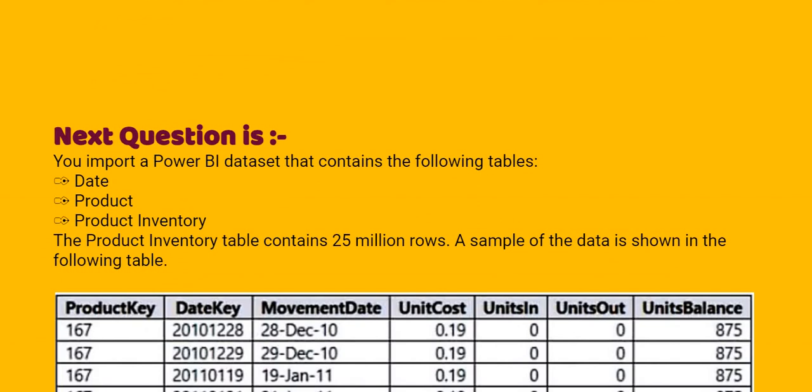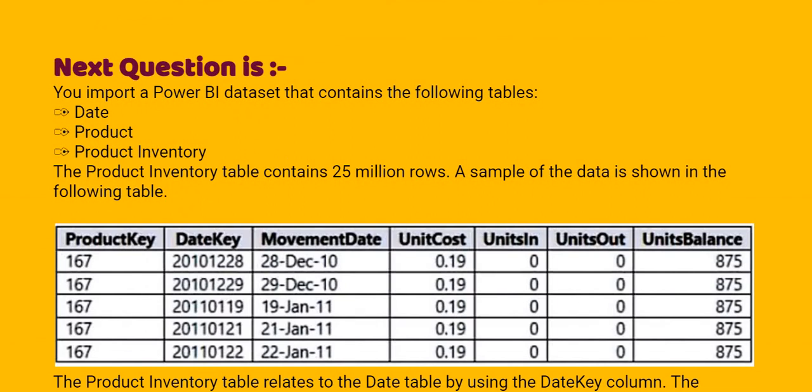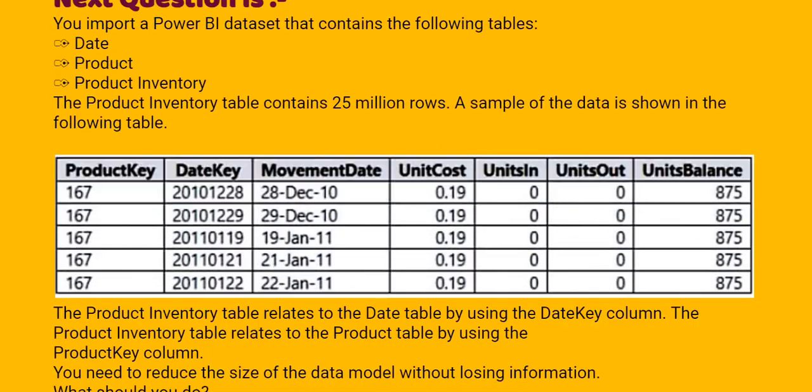We import a Power BI dataset that contains the following tables: date, product, product inventory. The product inventory table contains 25 million rows. A sample of data is shown in the following table. Kindly see this table.